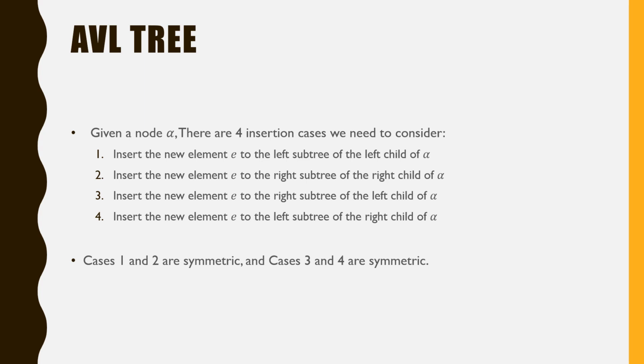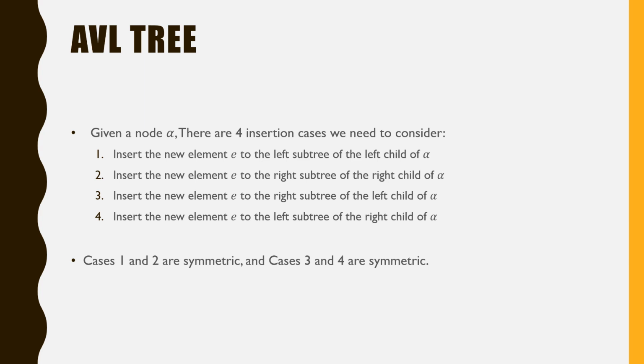In case 1, we may insert E into the left subtree of the left child of alpha. In case 2, we may insert E into the right subtree of the right child of alpha. In case 3, we may insert E into the right subtree of the left child of alpha.